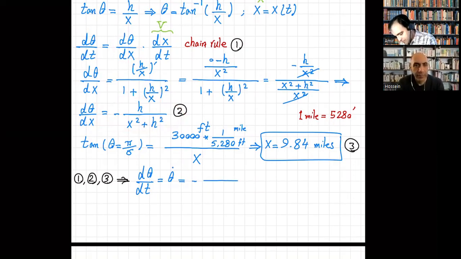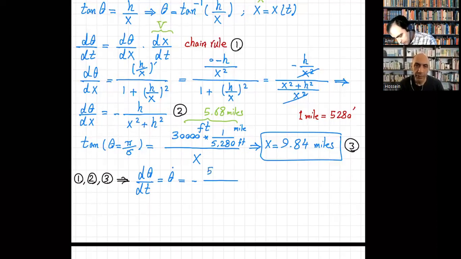Perhaps it's good to have this value: 30,000 divided by 5280 is 5.68.